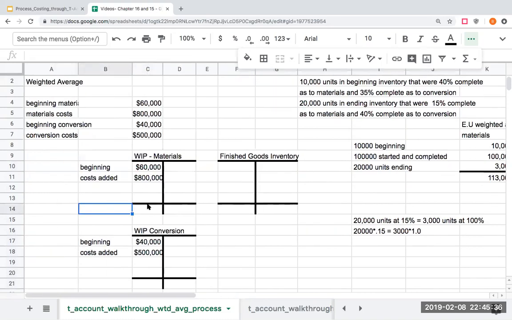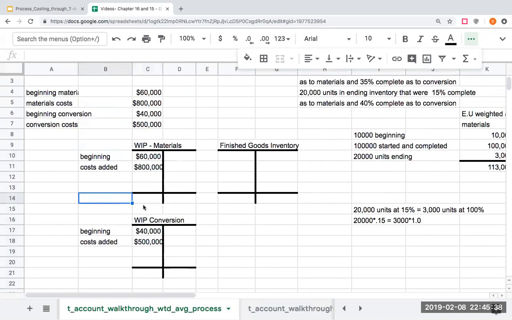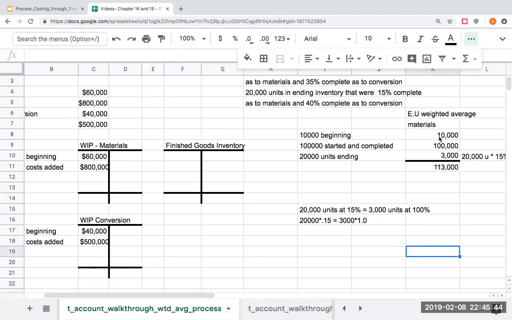So what I need to figure out, and this is really what we're doing, is instead of saying the job was completed, I'm looking at this in terms of equivalent units. What I want to figure out is, okay, I've got 860 grand here in total. How much am I going to be taking out?